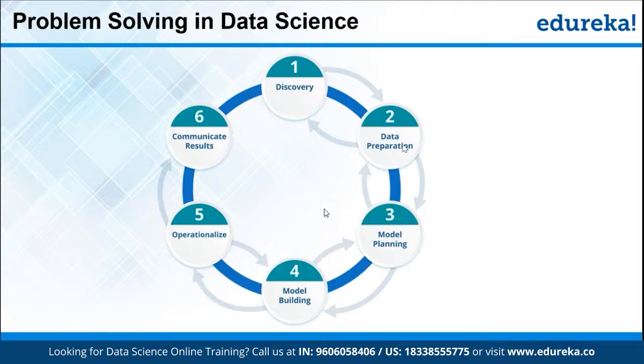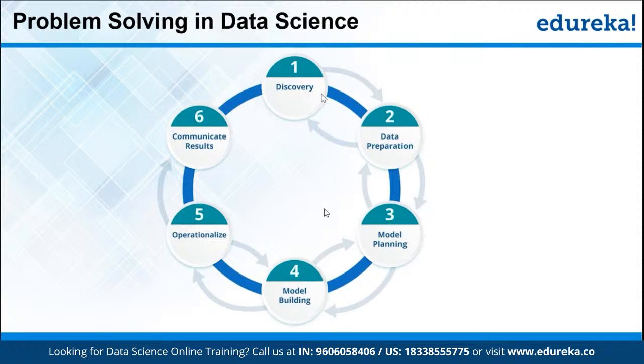Or let's say the client or the user is coming and saying this is the data which I have and this is my requirement, so tell me what else you need, right? So you will have to understand the user requirement first, and then you will start working on the data preparation. You will be preparing the data so that the machine learning algorithms can be implemented.